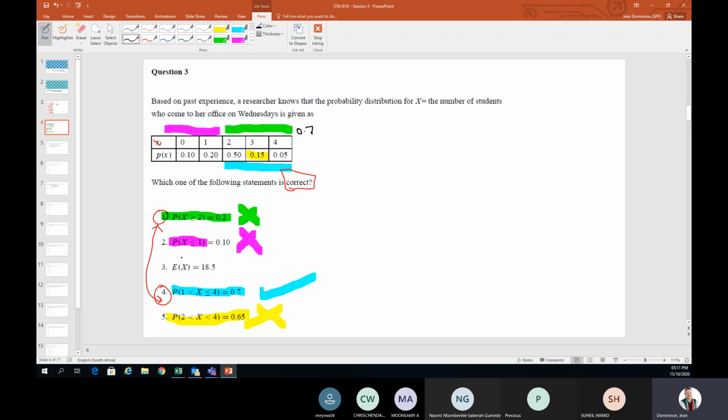Okay, so if you needed to work out the mean, you would say 0 times 0.1 plus 1 times 0.2. So you will basically need to multiply those two every time and then add all of them together.